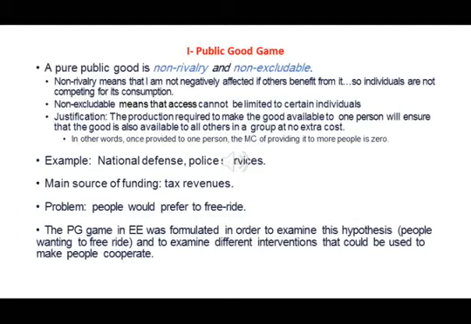So we are going to start with the first famous game in experimental economics, which is the public good game. So it's a very famous game in experimental economics literature. It has been used in many experiments. I'm going to explain what we mean by public good game, okay?